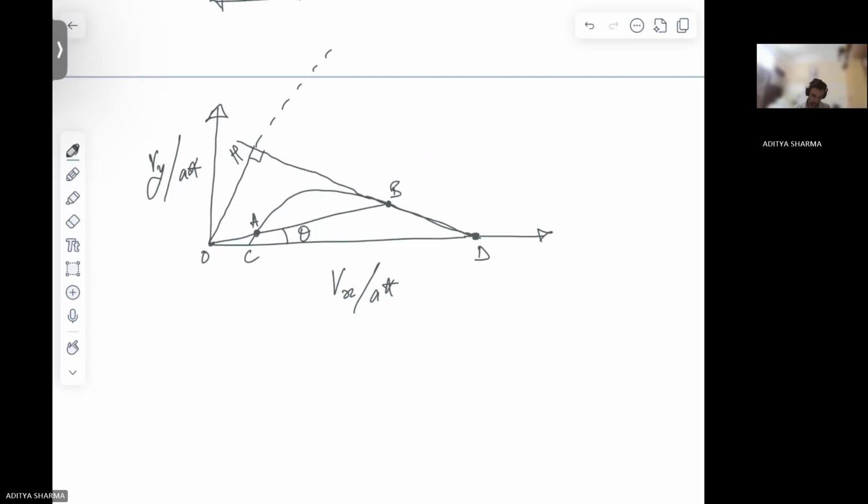So this angle that I'm getting here is your shock angle, beta.